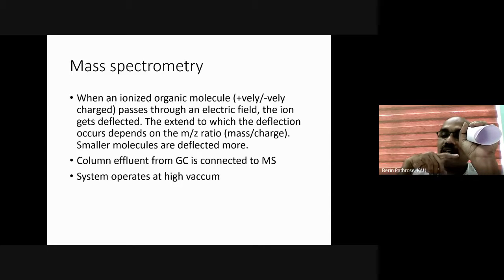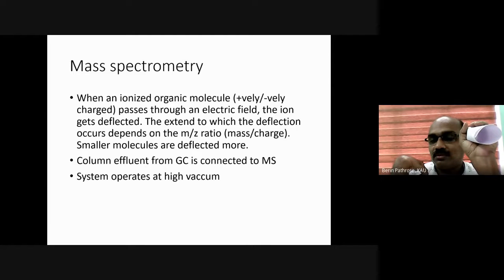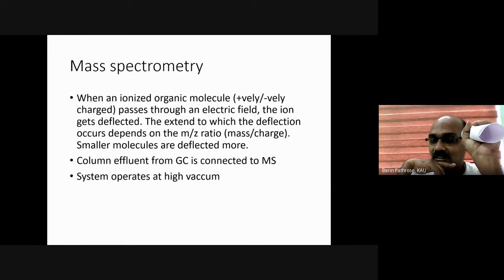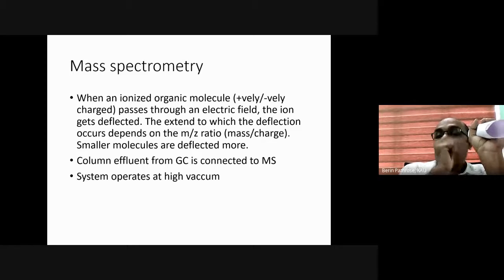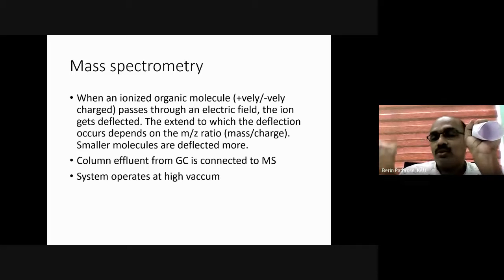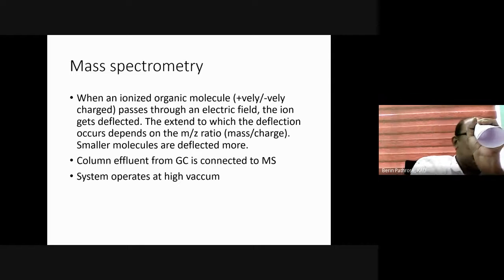What will happen when a negatively charged molecule or atom passes through a positively charged tube? It gets deflected. It won't reach out, because positive charge attracts negative ions. It gets attracted onto the positively charged tube.